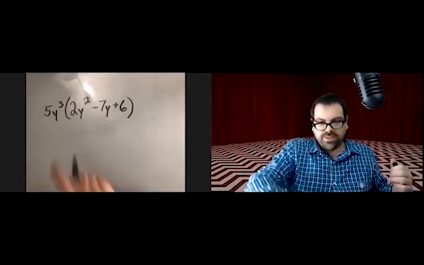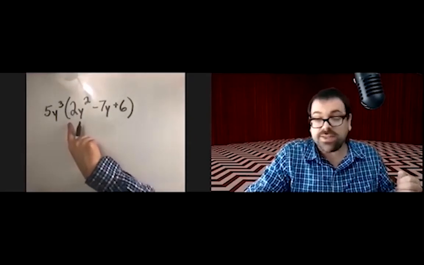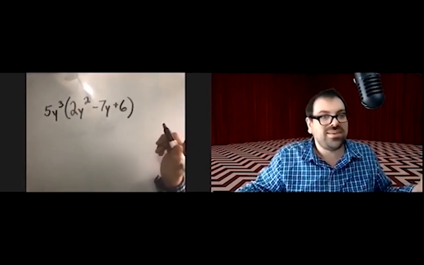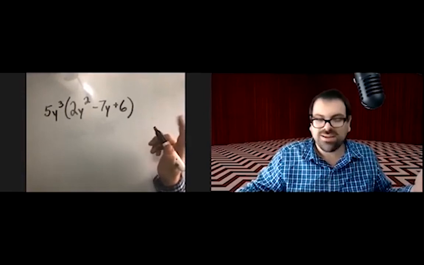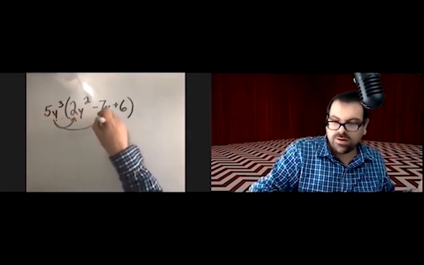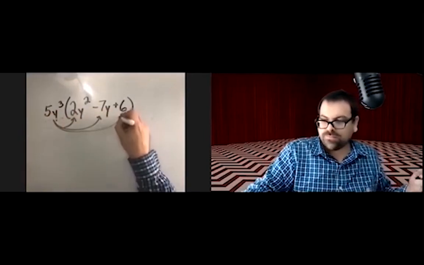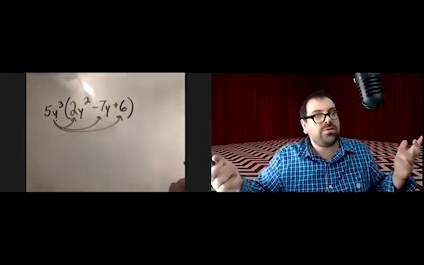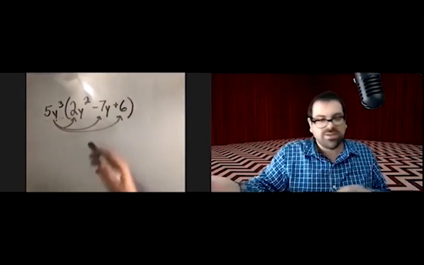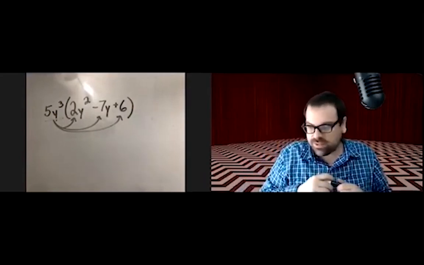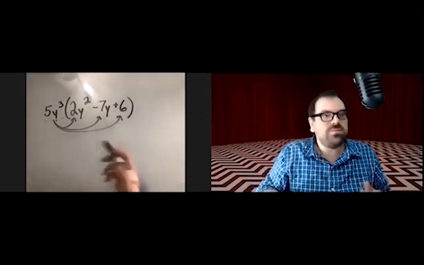Well, something on the outside of parentheses times a bunch of stuff, the distributive property. We know how to do monomial times any number of terms, we distribute.